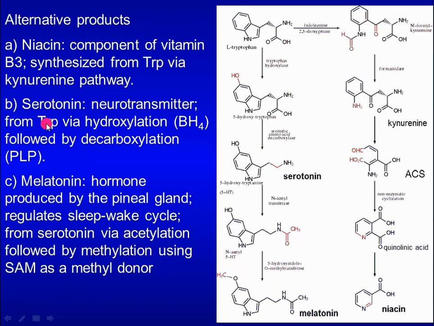It is synthesized from tryptophan through hydroxylation followed by decarboxylation. Melatonin is a hormone produced by the pineal gland. It regulates the sleep-wake cycle. It is synthesized from serotonin through acetylation followed by methylation using SAM as the methyl donor.